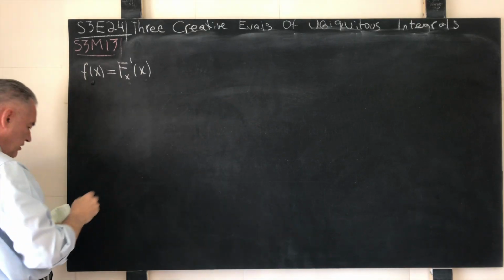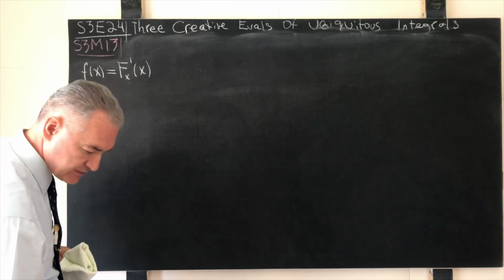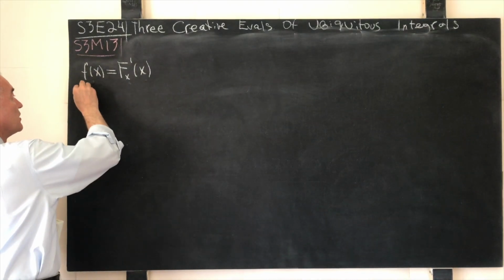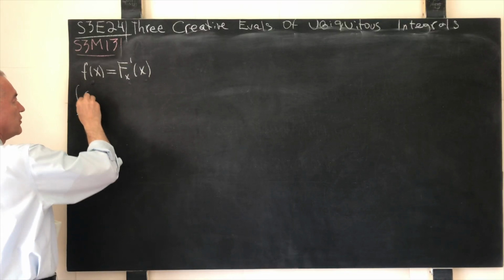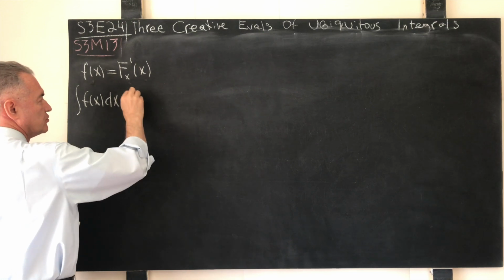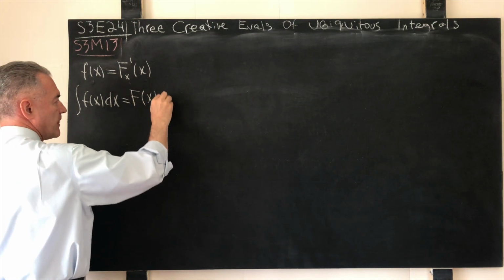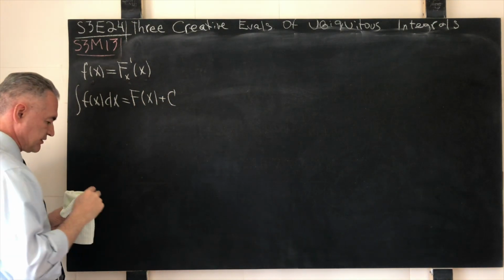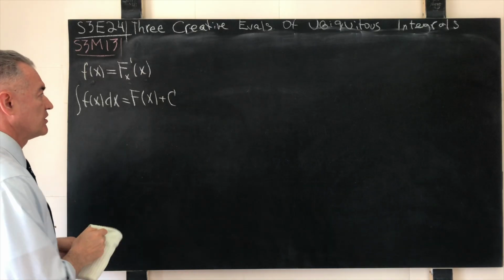And in the integral notation, we write this as follows. The indefinite integral of f of x dx is equal to F of x plus a constant of integration C.